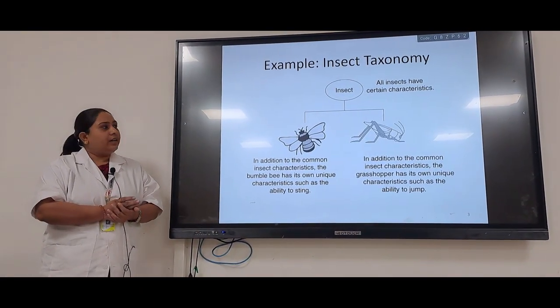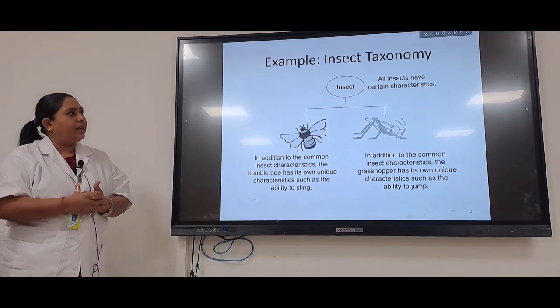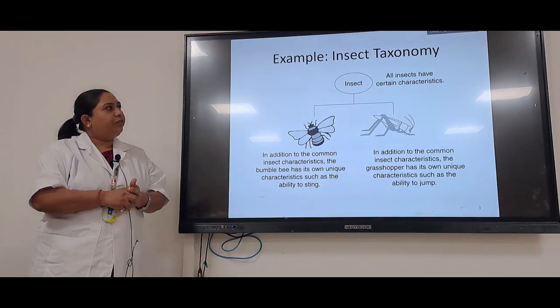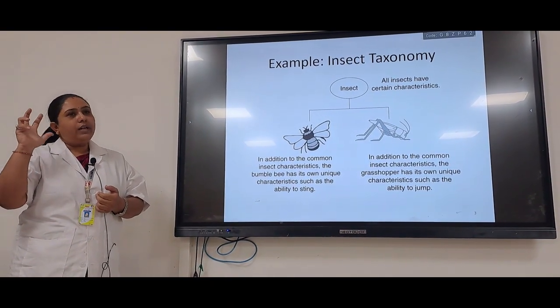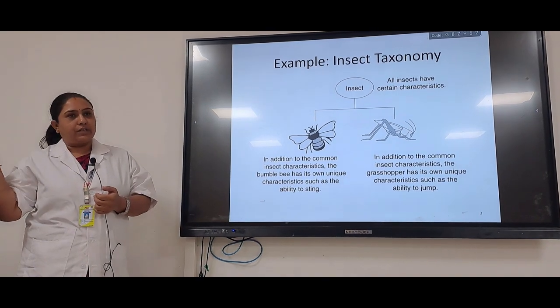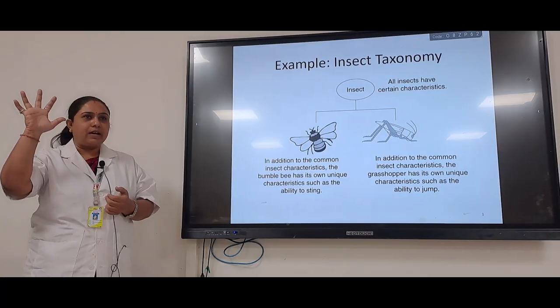Let us understand inheritance in a better way with an example of an insect. There are different types of insects, so if we take insects as a whole, that will act as a base class.